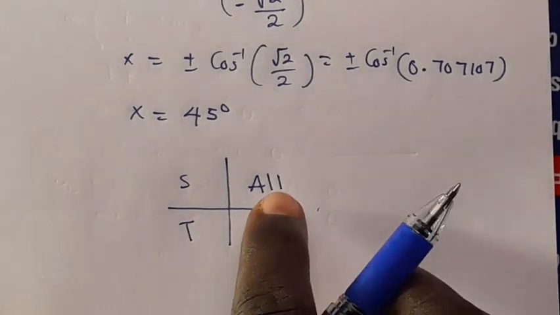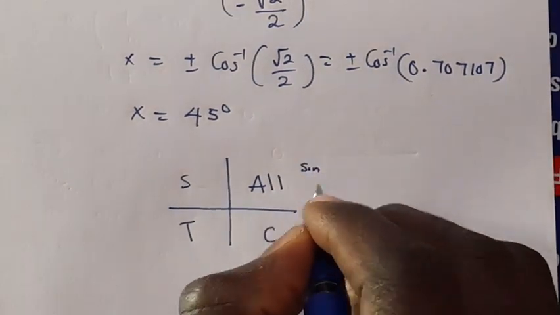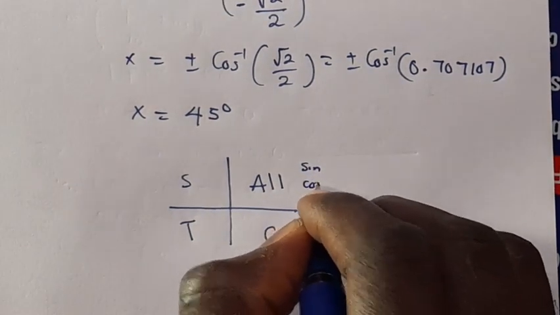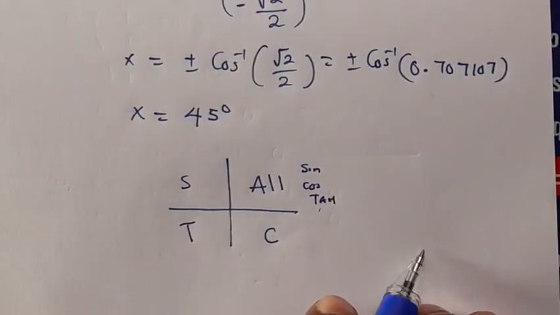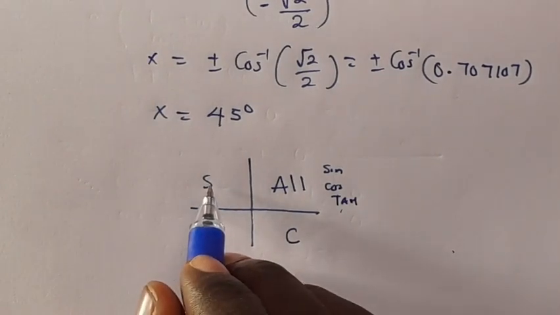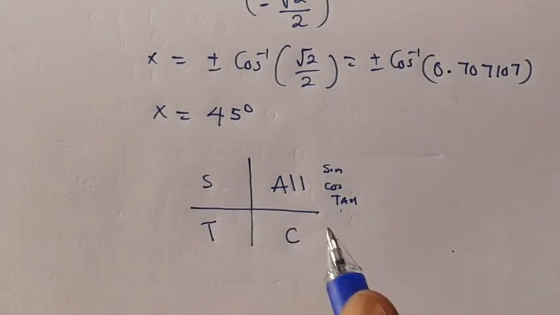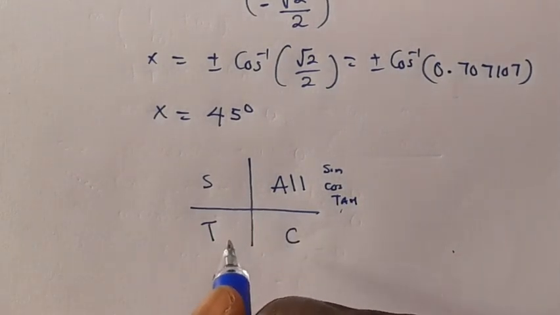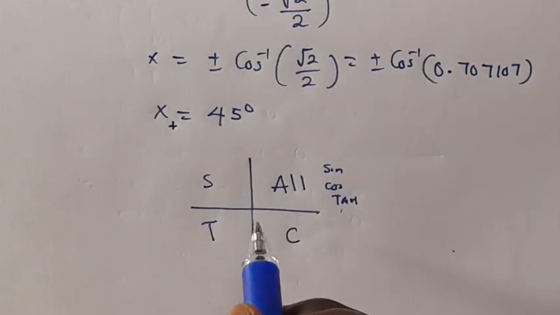That means that all trigonometric identities, sine, cos, and tan, are all positive here. And here only sine is what? Positive. So now, we are looking for where x is positive.